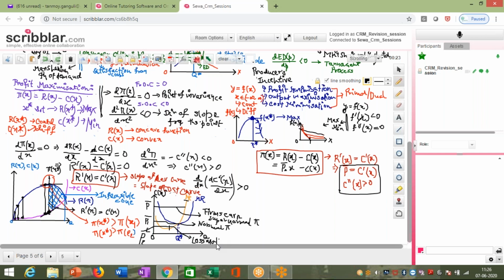So basically, when we are trying to assess whether a firm is actually maximizing its profit or not, we cannot just look at price equal to marginal cost.